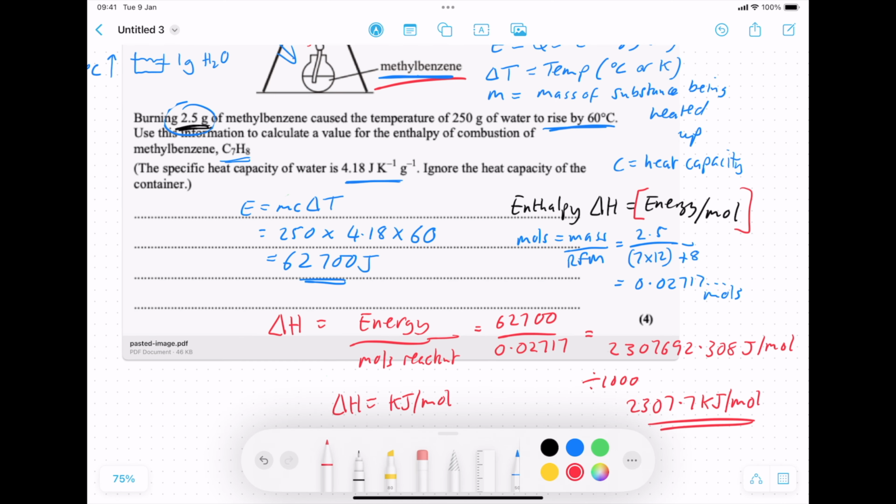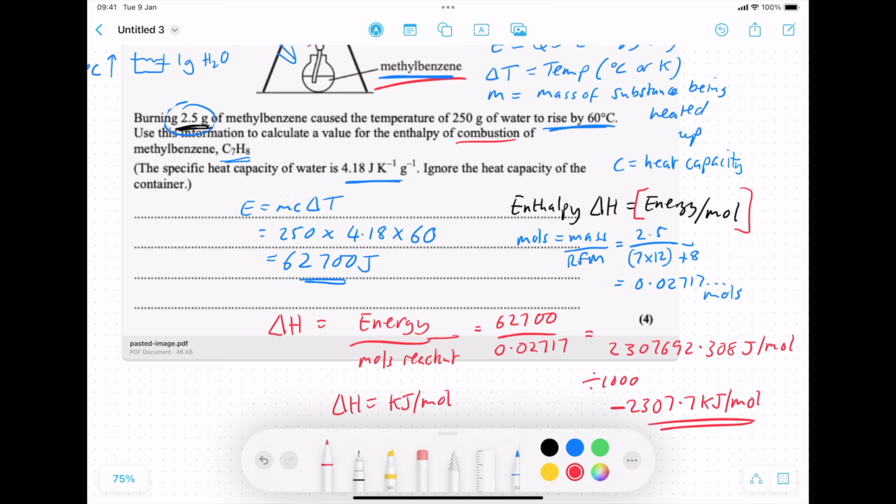Finally, when considering the sign of the enthalpy change, this reaction is combustion. It's enthalpy of combustion, which means that it's exothermic. So you must remember to include a negative sign at the end, because enthalpy changes of combustion, or negative enthalpy changes, which represent exothermic processes, must always carry a negative sign, whereas if a reaction is endothermic and the overall energy is positive, energy absorbed from the surroundings, then the enthalpy change will have a positive sign.